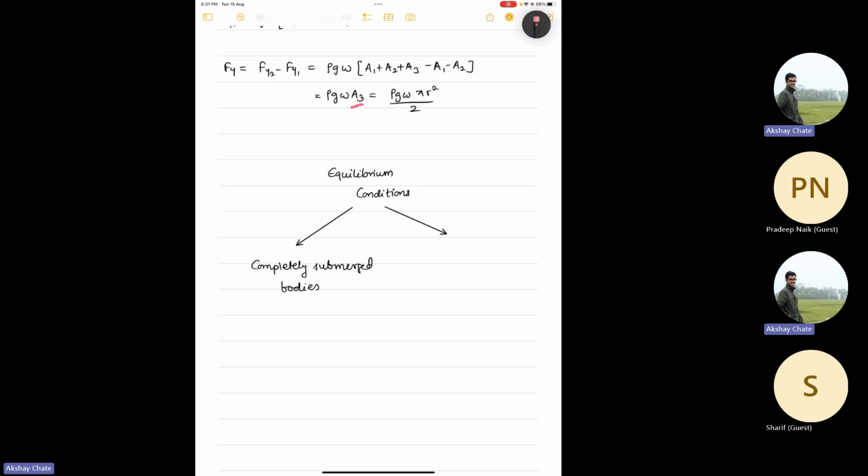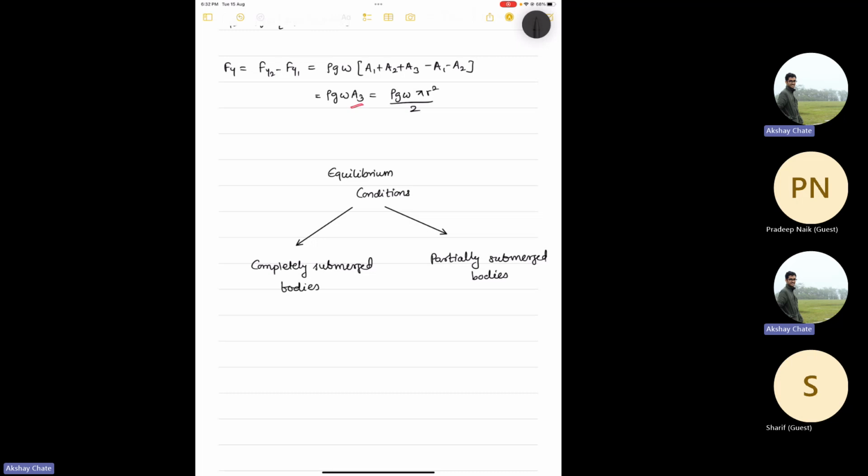So before going into that, if there are completely submerged bodies, then there is another case where the bodies are floating. So they are called partially submerged bodies. So these two categories are there in this equilibrium conditions topic. So first we'll take the fully submerged case.